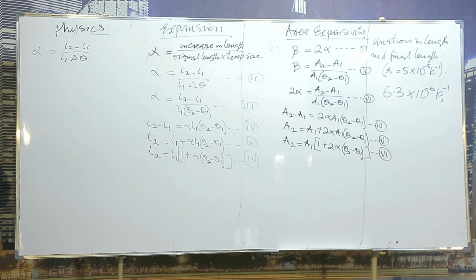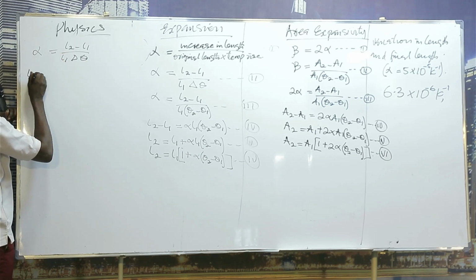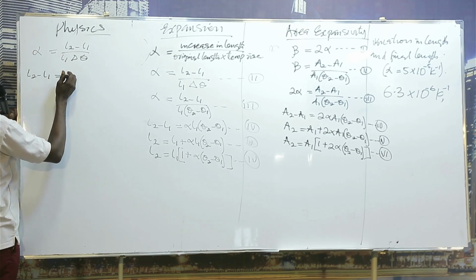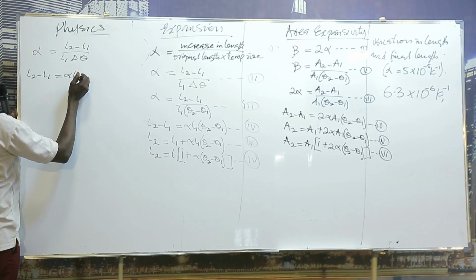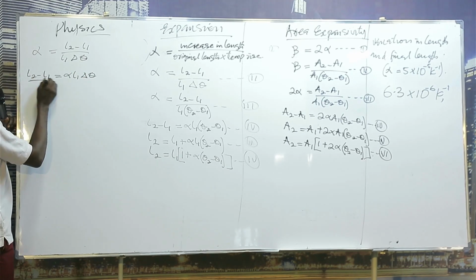The increase in length. So if I make L2 minus L1 the subject, I will obtain alpha L1 change in temperature. Hence, I am looking for this.